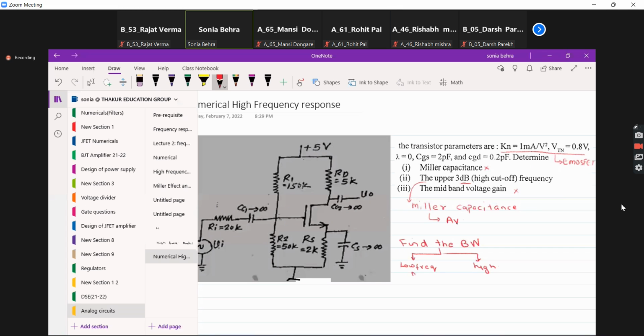Find the dominant of low frequency, find the dominant of high frequency, and your bandwidth will be FH minus FL. So sometimes only the circuit may be given and you are asked to find the bandwidth of that circuit. Because you know both the low frequency and high frequency analysis, you have to do both analyses, find their dominant, and then find the bandwidth.